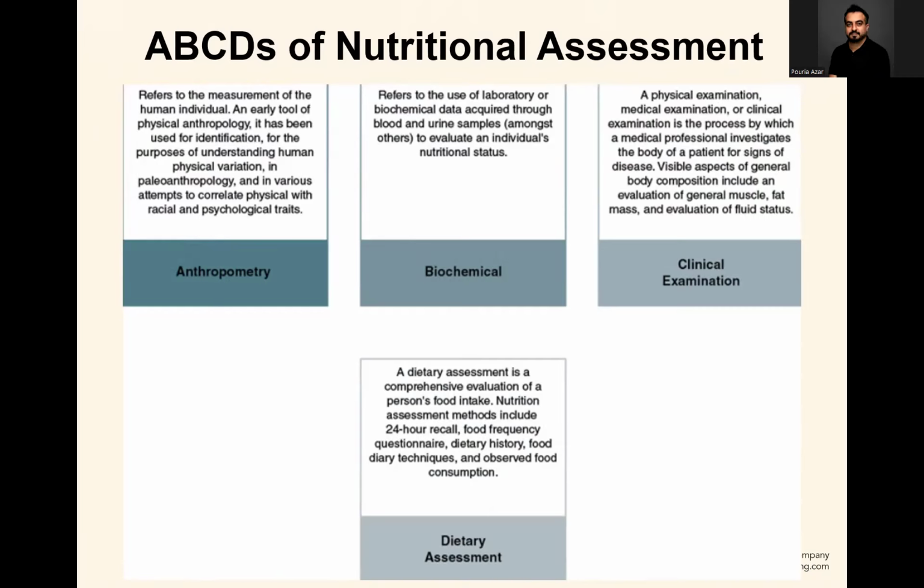Some textbooks define five dimensions for nutritional assessment, but this textbook defines four, and it's called ABCDs of nutritional assessment. A stands for anthropometry, B stands for biochemical, C stands for clinical, and D stands for dietary assessment.